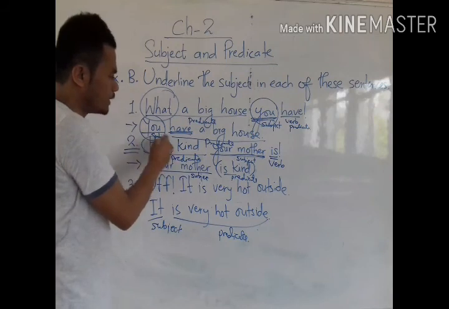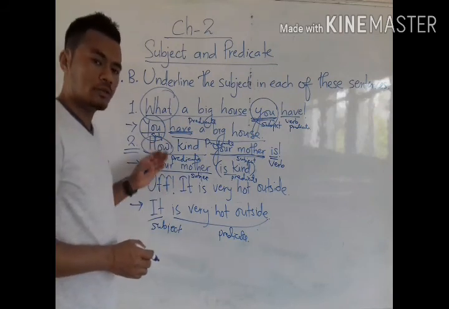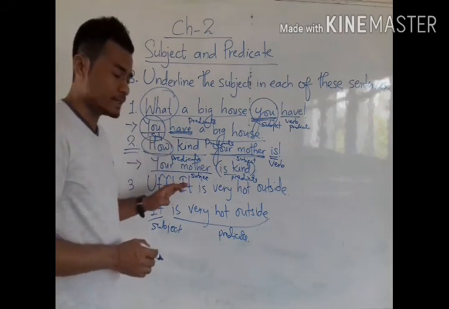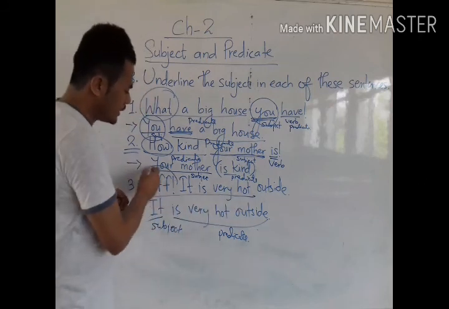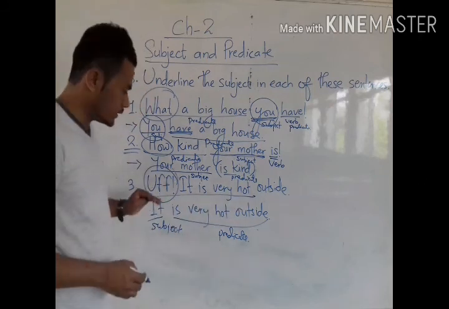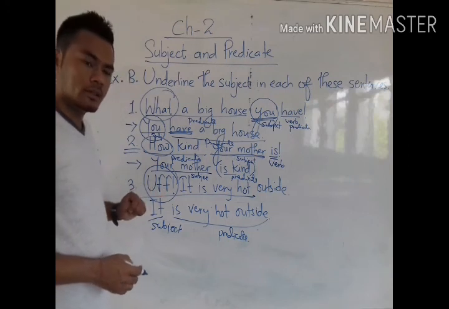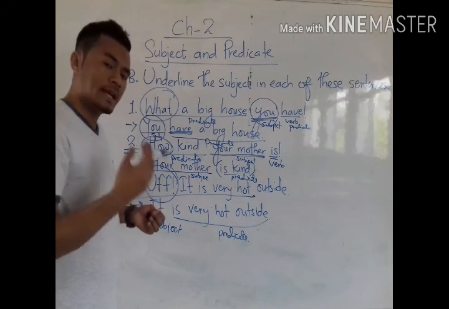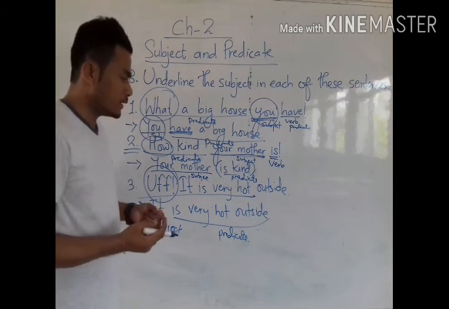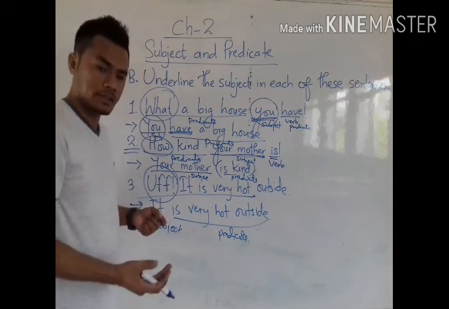Now I told you that exclamatory sentences can be framed by using WH words. Here we have two WH words used to frame exclamatory sentences. But this exclamatory sentence has been formed by using an interjection. After an interjection, whatever comes may be an assertive sentence only.